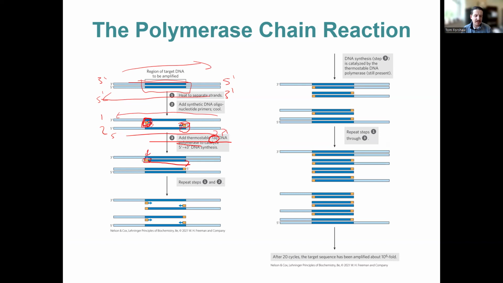Your primer will bind and anneal when the temperature goes down, hybridize, and then with the polymerase, it will go across, read across from 5 to 3, and fill in the gaps against the strand that it's reading from. And it'll do that on strand 1 and strand 2.